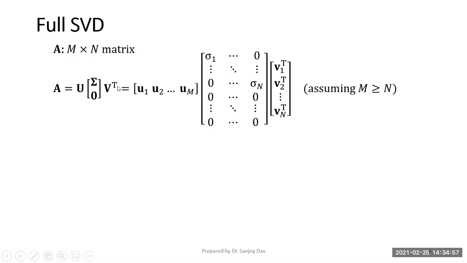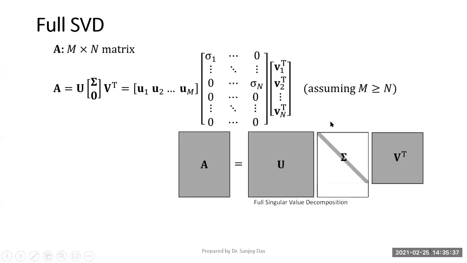And then V transpose: if the columns of V are V1, V2 until Vn, then V transpose has rows V1 transpose, V2 transpose until Vn transpose. So this V transpose has n rows, and how many columns? This actually is a square matrix, so it's an n by n matrix. Okay, so this is the full SVD, and this is what it looks like.